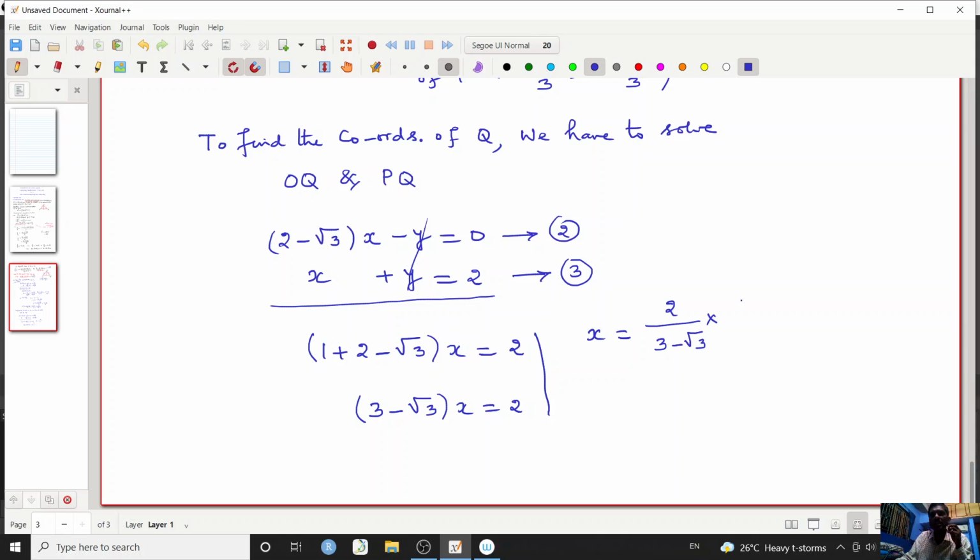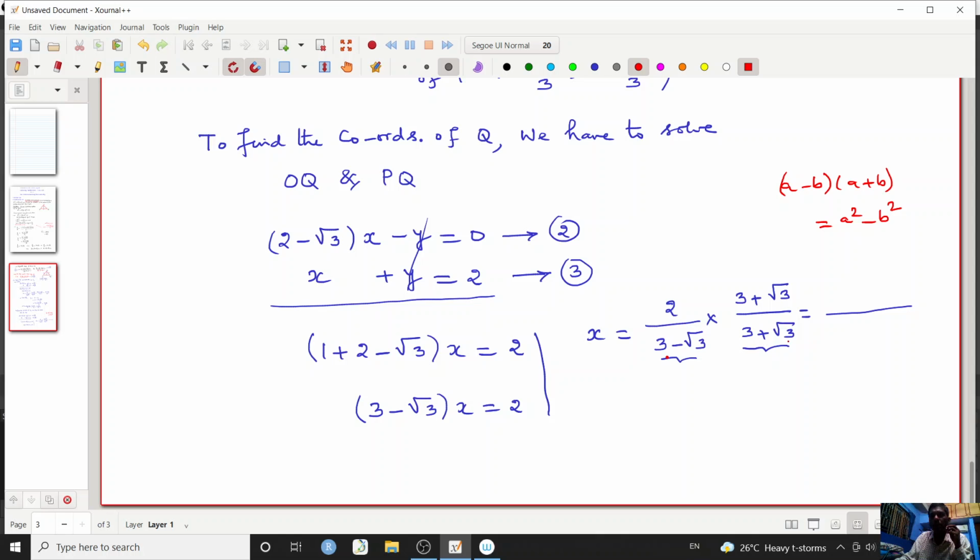Now let us rationalize the denominator as we did in the previous case. So 3 plus root 3, this is 3 plus root 3. Again this is a minus b times a plus b, and you know that this is a famous algebraic identity, you will get a square minus b square.